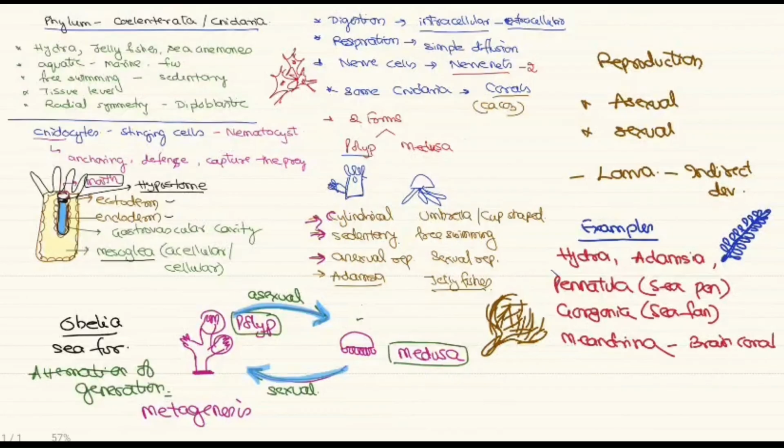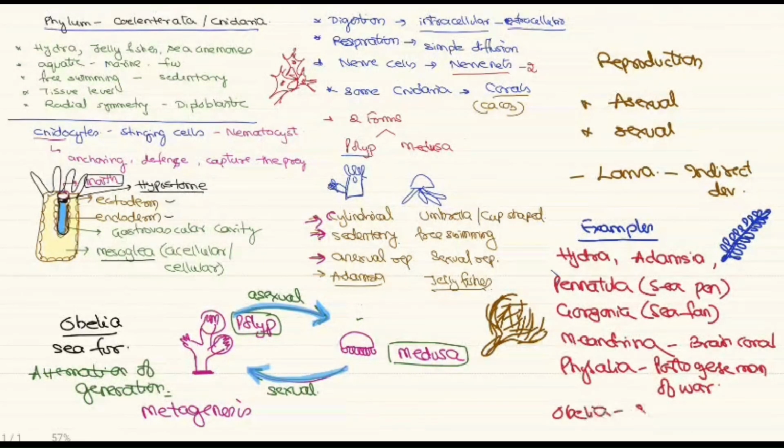It appears like the brain. The next example is Physalia. Physalia is polymorphic. It has both polyp, medusa, and so many forms. It is commonly called Portuguese man of war. We have seen Obelia. Obelia is called the sea fur.